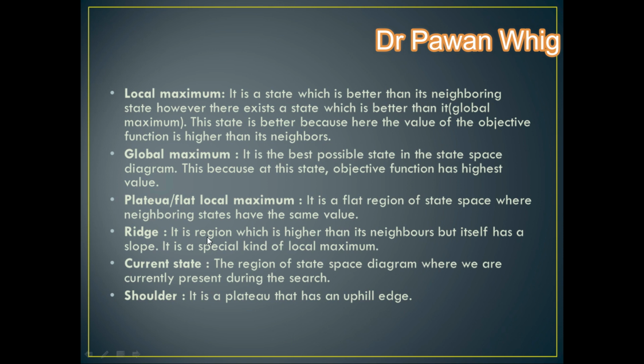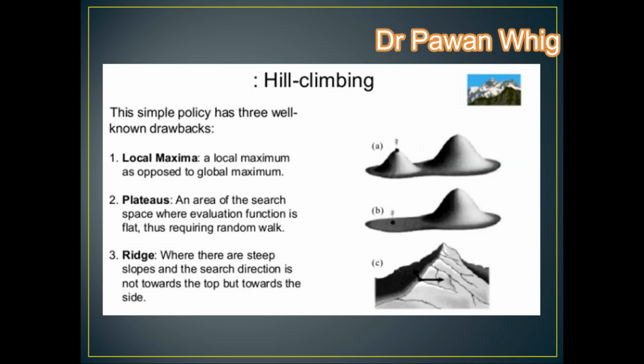Ridge is a region which is higher than the neighbors but itself has a slope. So these are the basic problems: ridge, plateau, and local maximum. In the hill climbing algorithm, we must understand these problems and how to overcome them.